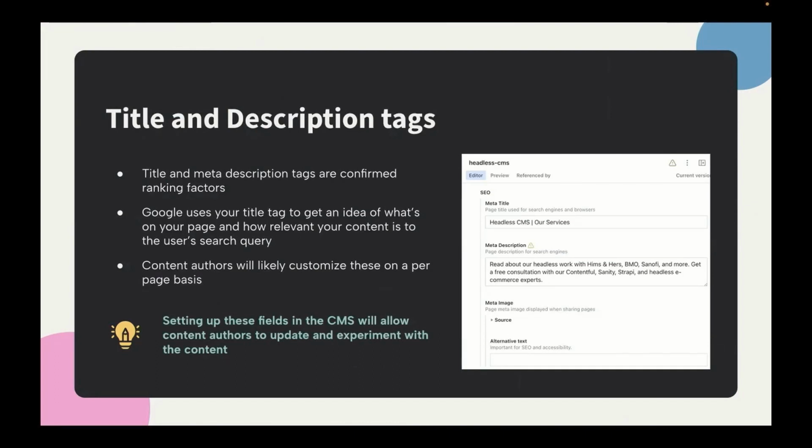Oftentimes you'll find that they like to experiment and make changes to them. On the right here is an example of what we set up in the Sanity CMS as input fields for authors. Per page, they're able to update both the meta title and the meta description.